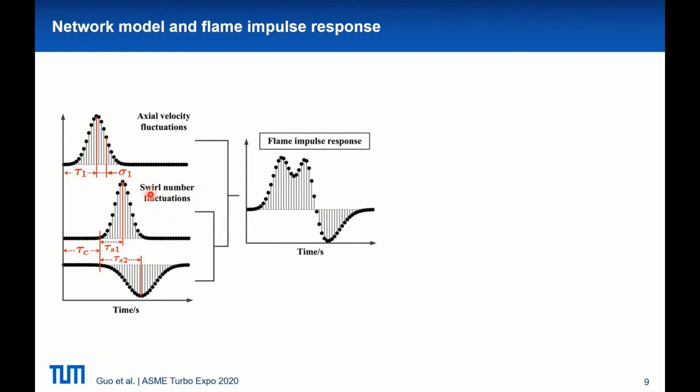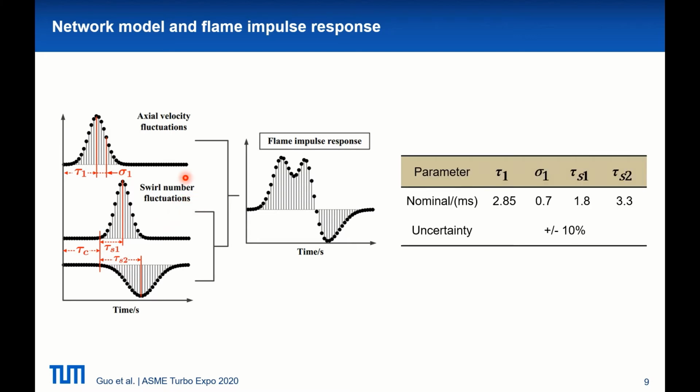The parameterization of this flame model is shown here. So tau1 and sigma1 here are the mean and the standard deviation of the response to the axial velocity fluctuations. Tau s1 and tau s2 represent the characteristic time lags for the response to the swirl number fluctuations. Those parameters we consider uncertain, with 10% around the mean as the uncertain ranges.